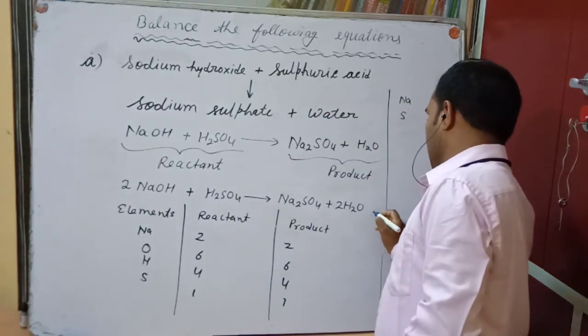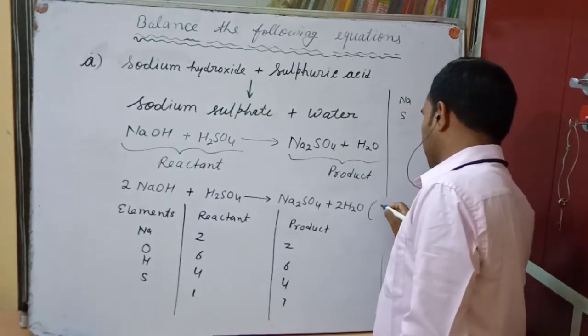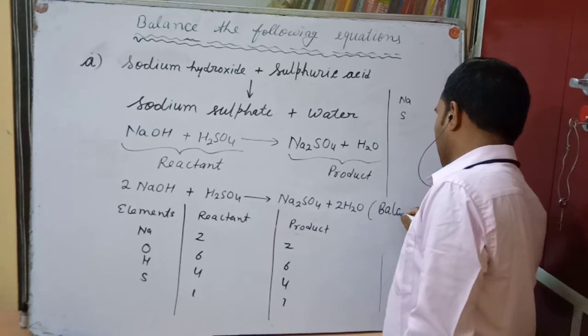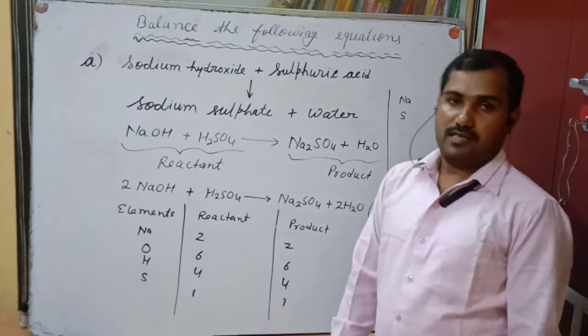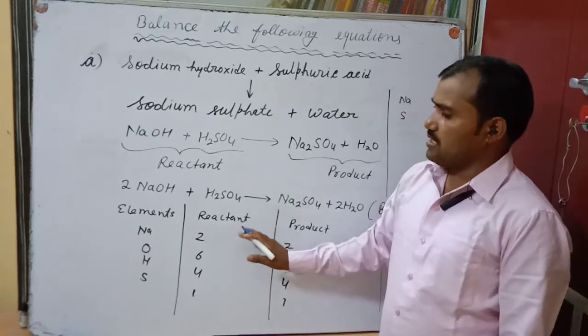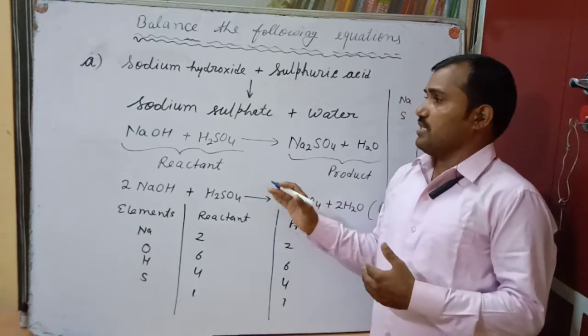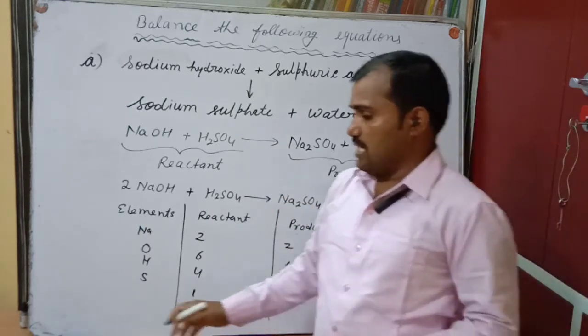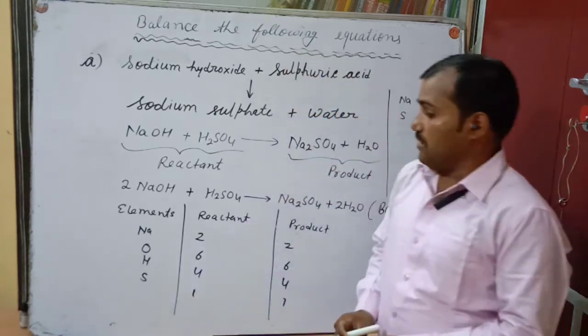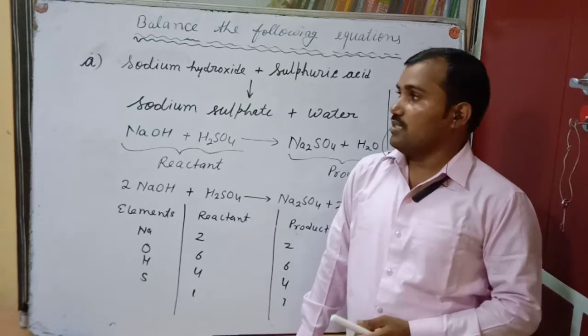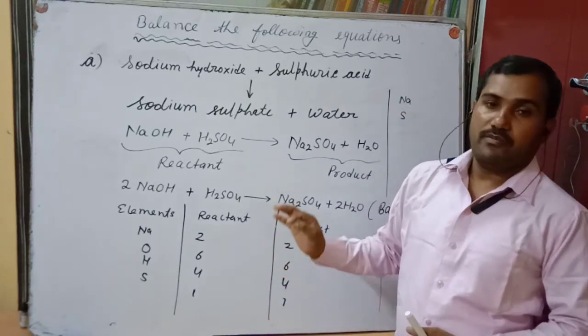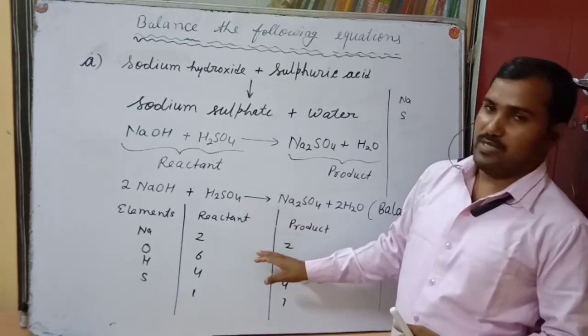It means this is the balanced equation. Understood, my dear? So by use of the same concept, we can do the balancing of another equation also. This method is said to be the hit and trial method. This is a method for balancing chemical equations.